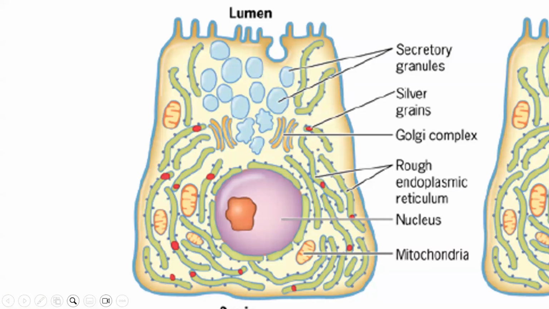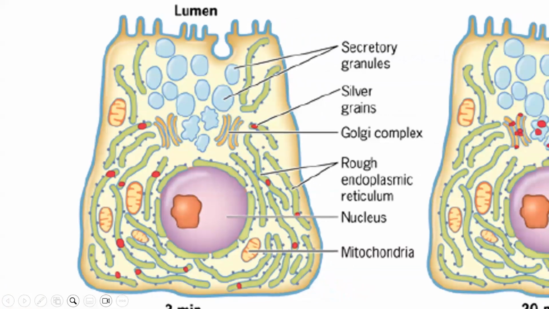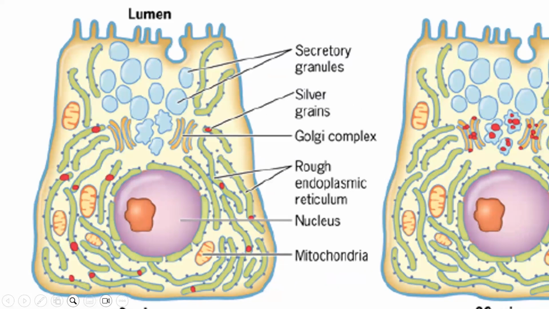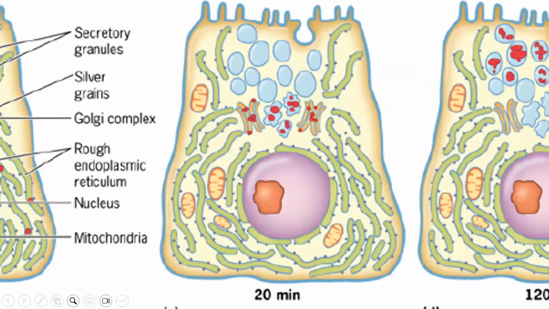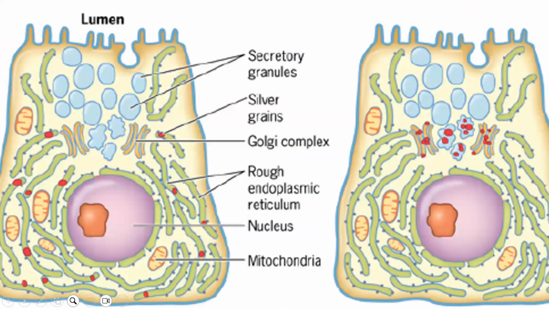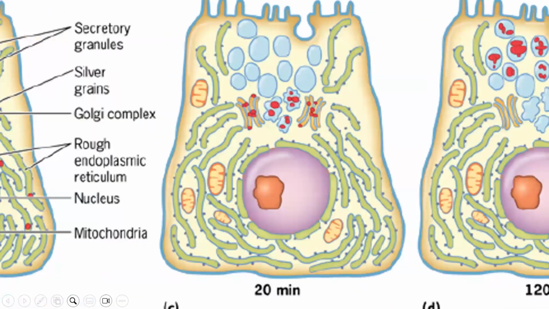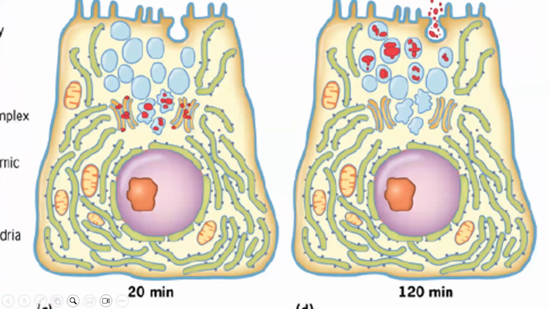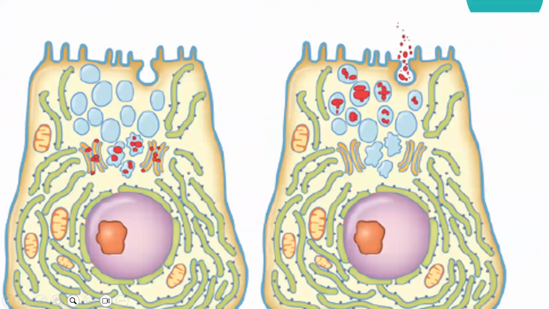So they form the secretory granules. They hang around just near the site where they would be excreted in case they need to be excreted. And then after 20 minutes, these granules become concentrated in the secretory granules, and then they are released outside.